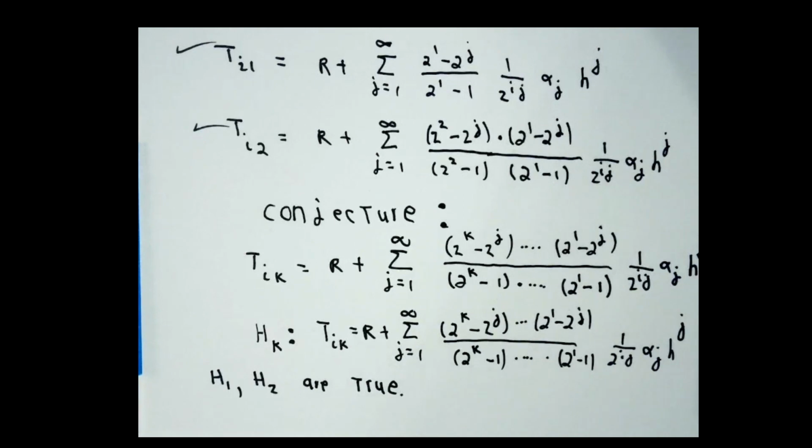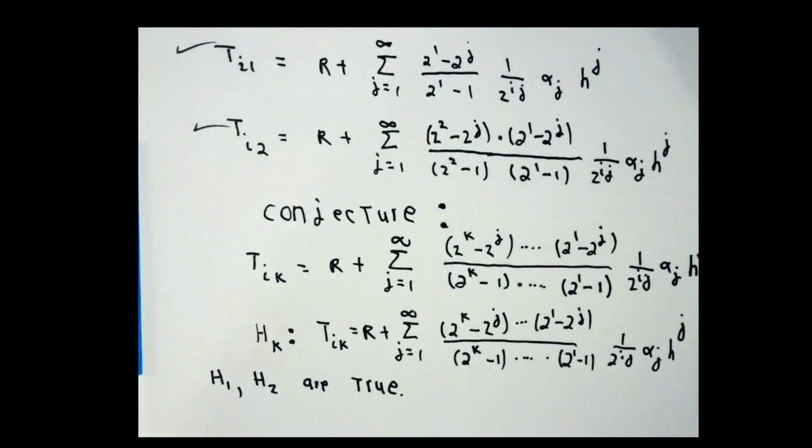We already know that H_1 and H_2 are true. If H of a certain index is true is enough to guarantee me that H of the next index is true, I'll stand up, square my shoulders, and say, by the principle of mathematical induction, hypothesis H_k is true for all relevant values of k.